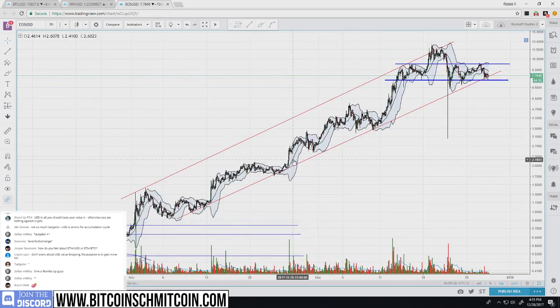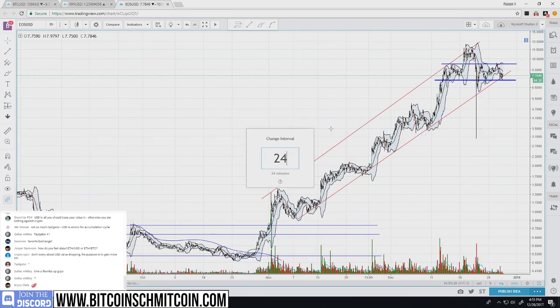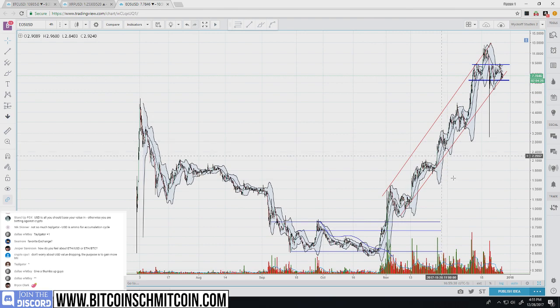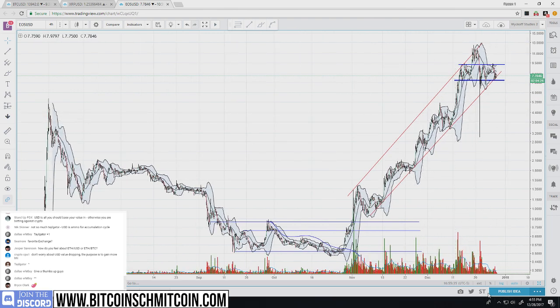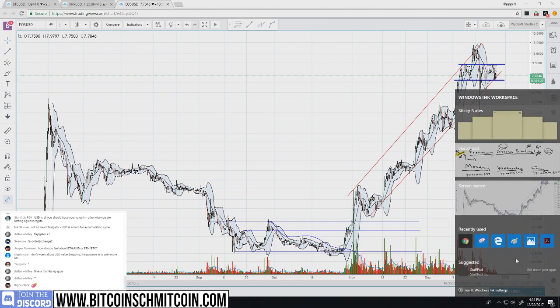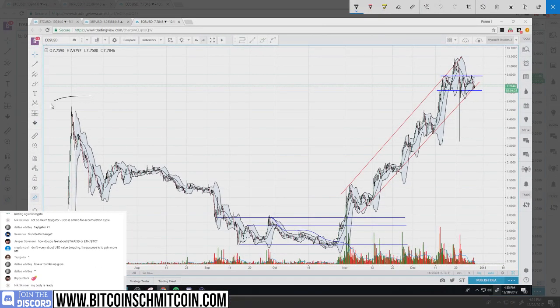EOS, another one. So if we look at the 240-minute view, this one began its market phase a little sooner. So we saw the top of its market cycle, it marked down. Here's the accumulation trading range. Here was its major sign of strength.